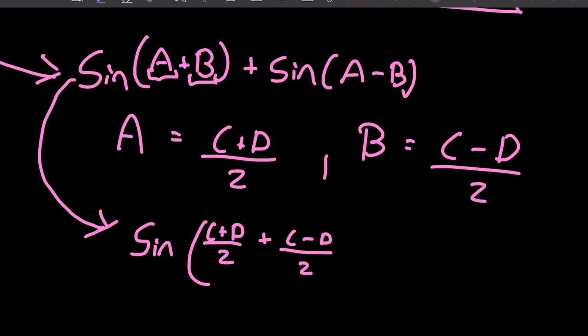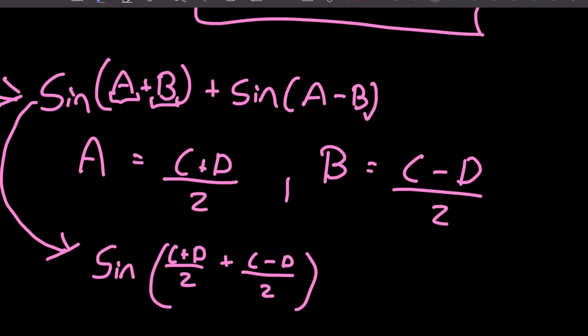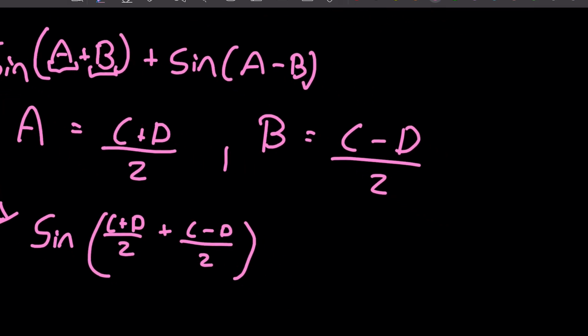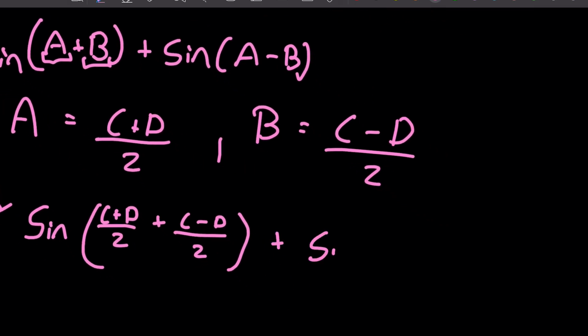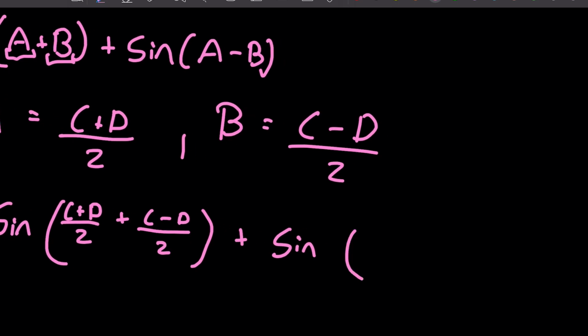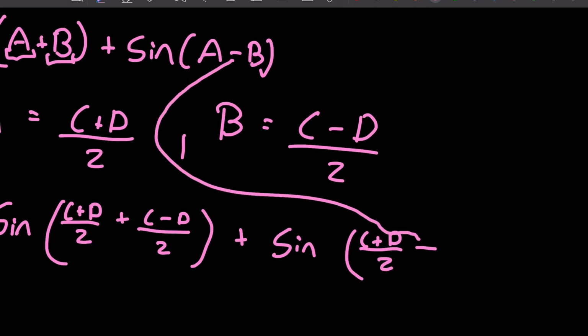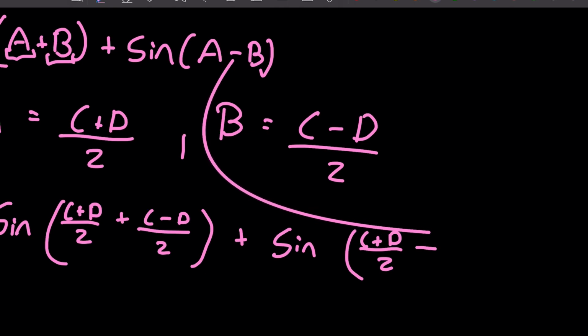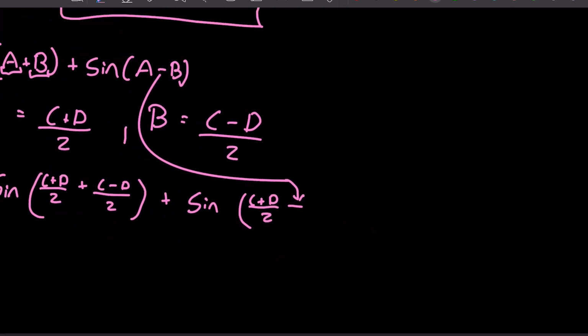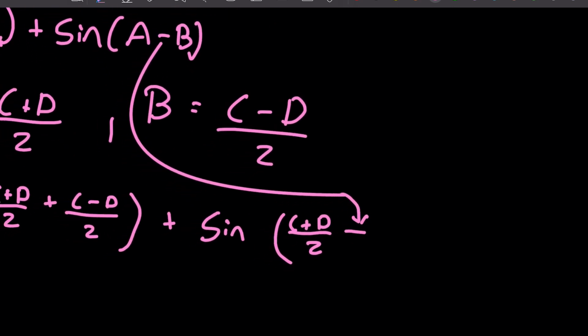And then this will be added to sine of A minus B, so (C plus D) over 2 minus (C minus D) over 2.